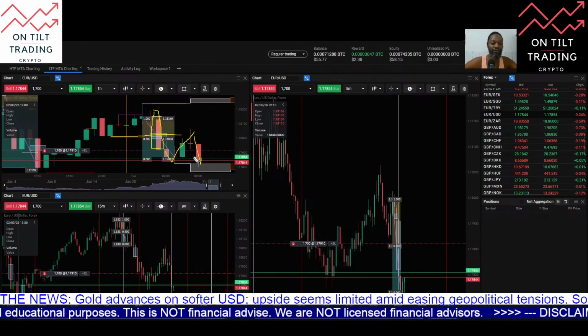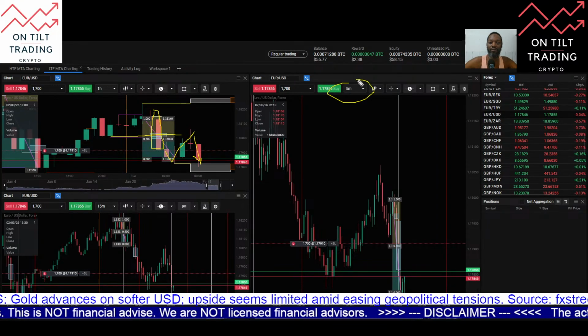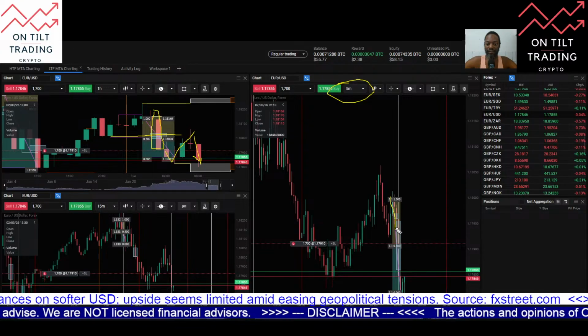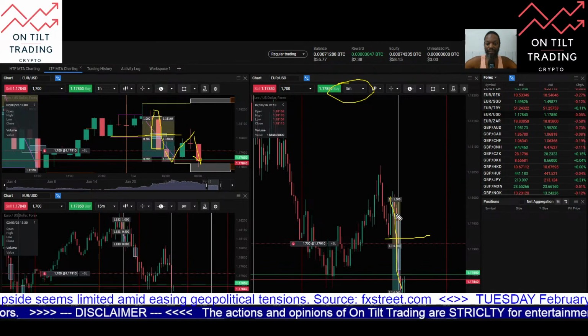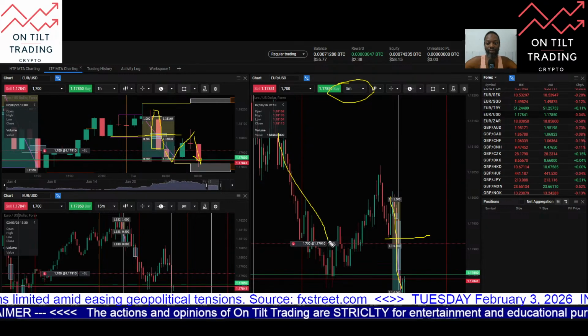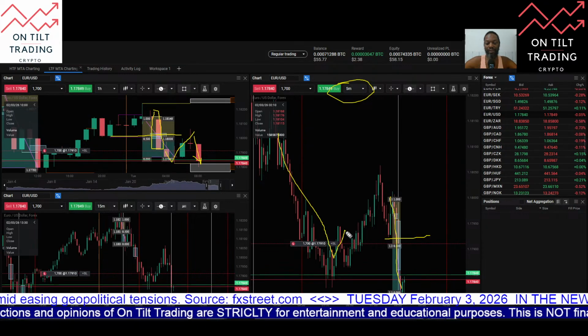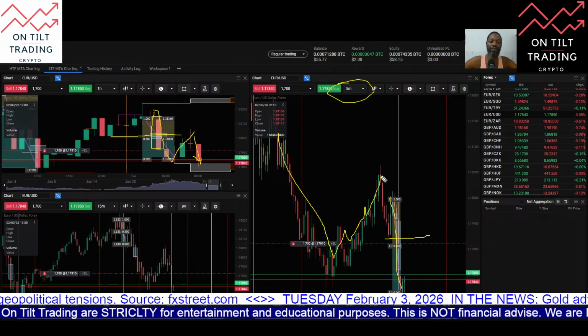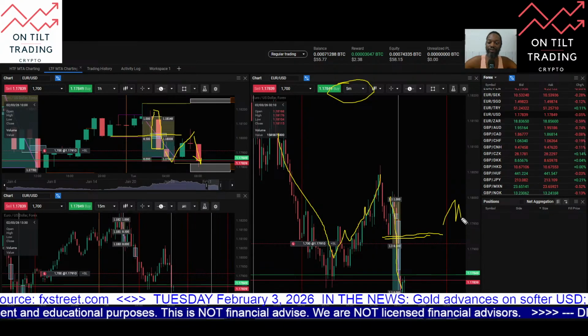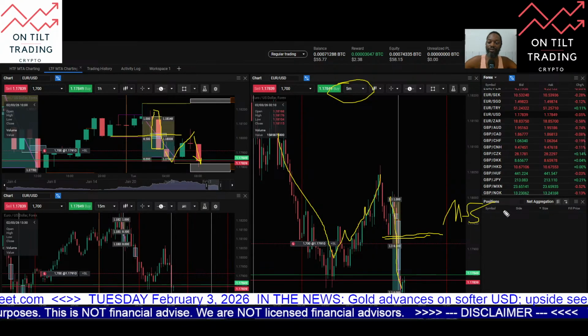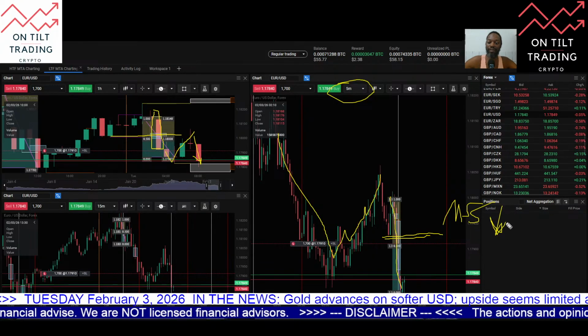And then price delivering to the sell side, and then coming over here to the 5-minute, seeing this displacement leg coming in here, and then you can see this price action delivering to the sell side, and then recovering here to the buy side, and then this price action at this level creating a market structure shift to the sell side.